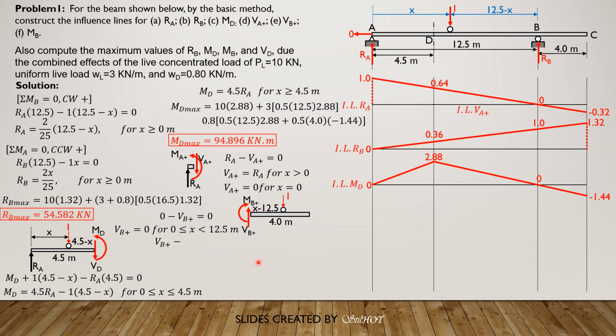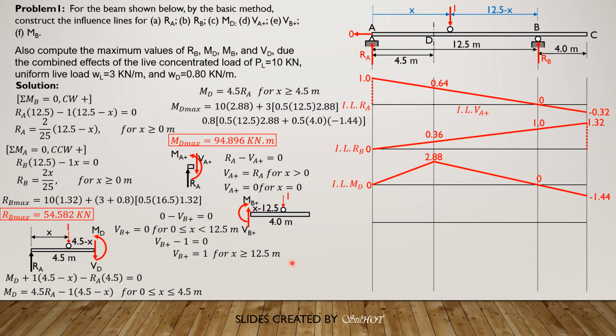So shear just to the right of B is 0 for 0 less than or equal to x less than or equal to 12.5. Then when x is greater than 12.5, the unit load enters. And therefore, the equation would be shear at B just to the right minus 1 equals 0.